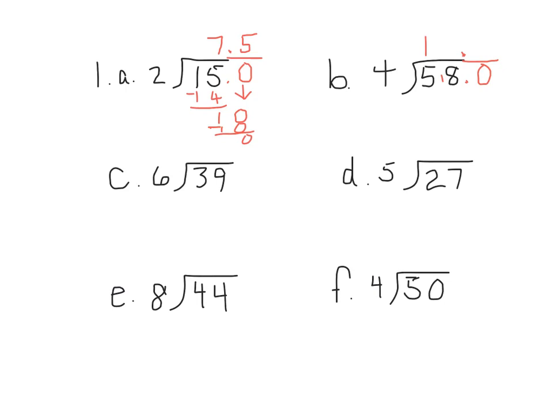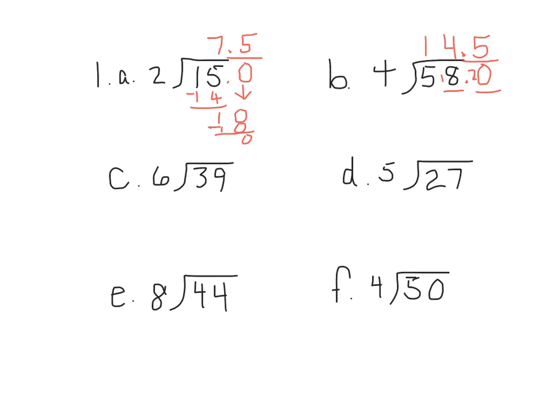So my shortcut tells me I can just stick that 1 in front of the next digit. So now 4 into the 18, and that goes 4 times. 4 times 4 is 16. So 18 take away 16 is going to leave me with 2, which I stick in front of my next digit. Now 4 into 20 goes 5 times. So my answer is 14 5/10 for my quotient.